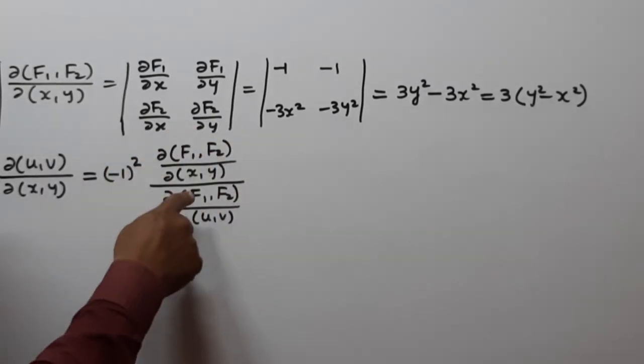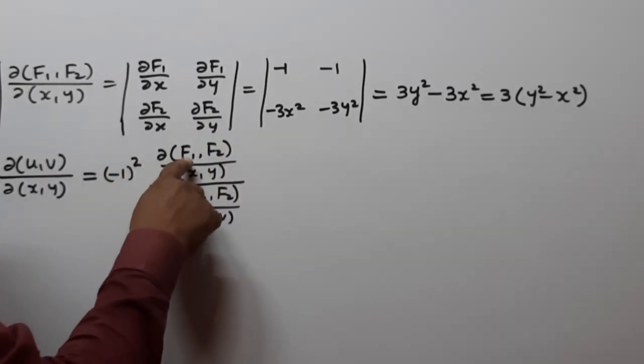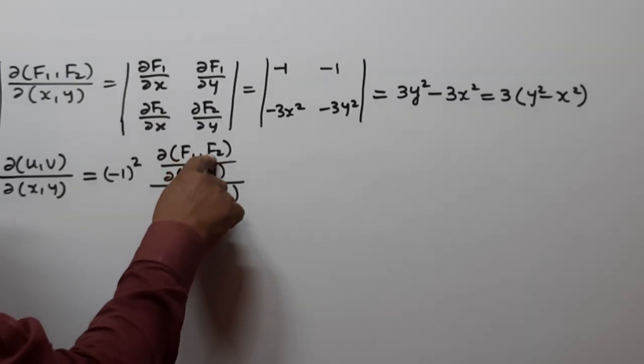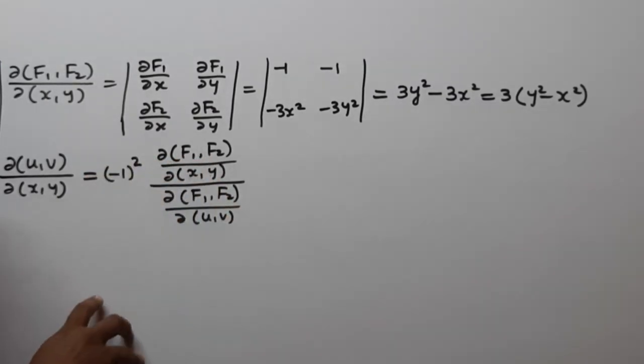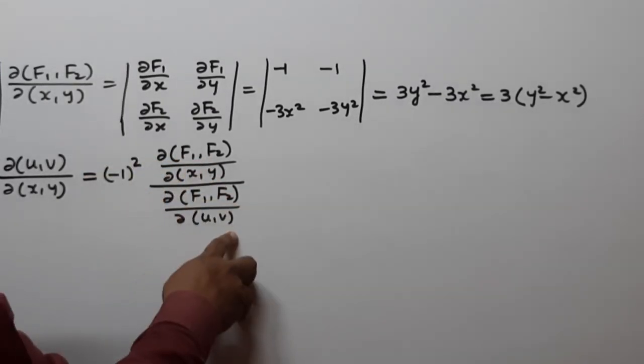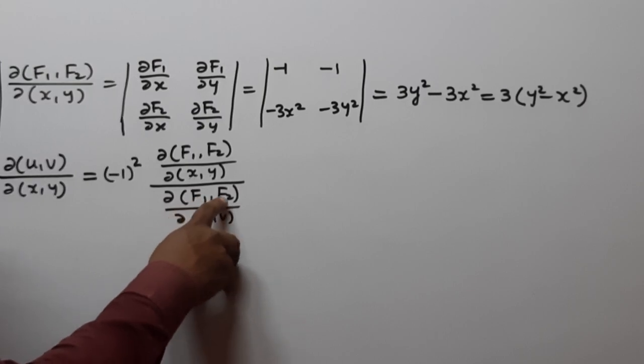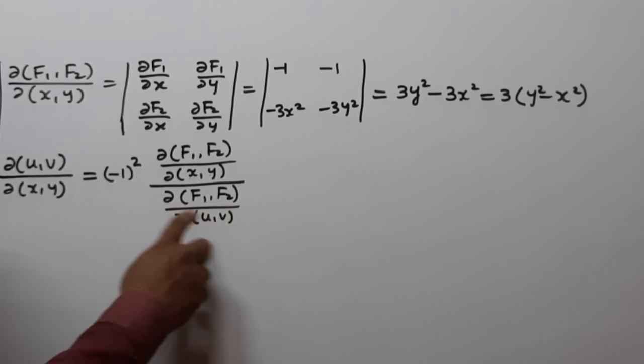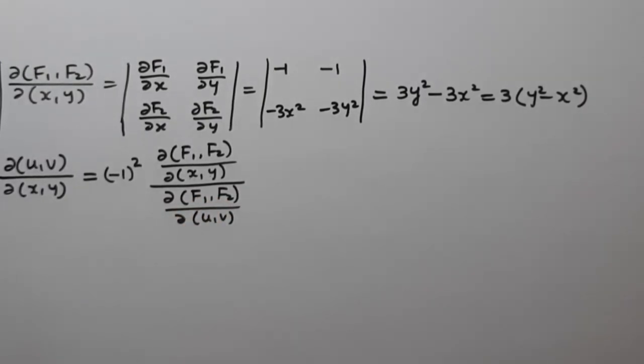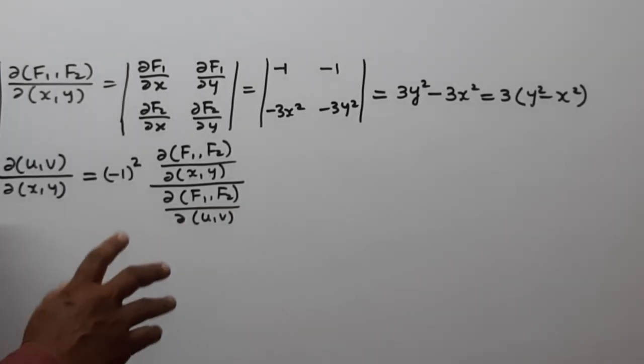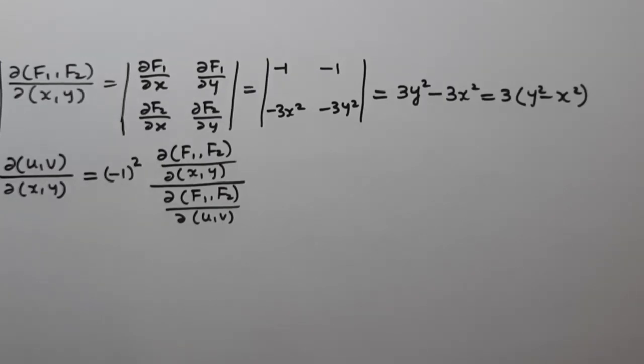In the numerator, we write the Jacobian of f1, f2 with respect to x and y, and in the denominator, the Jacobian of f1, f2 with respect to u, v. This formula is used when the relations are given in implicit form.